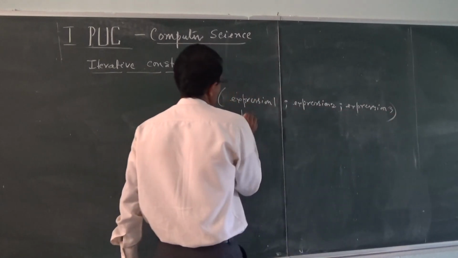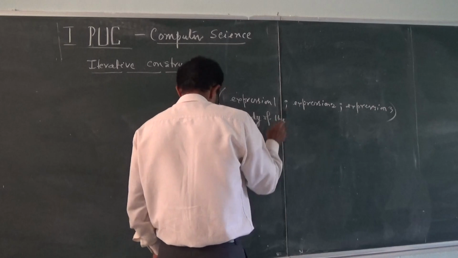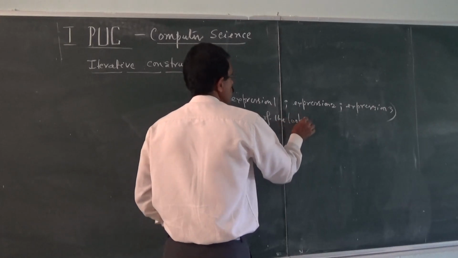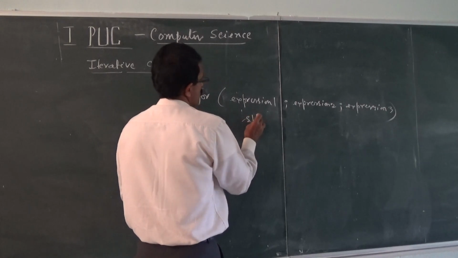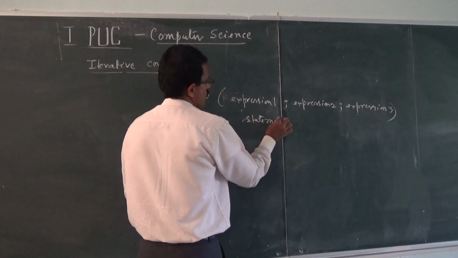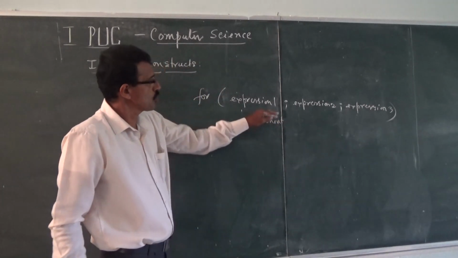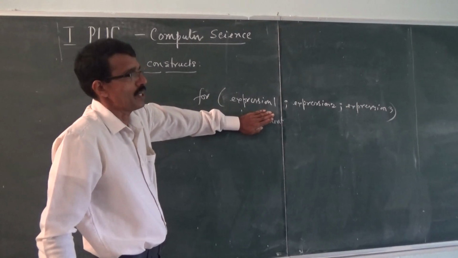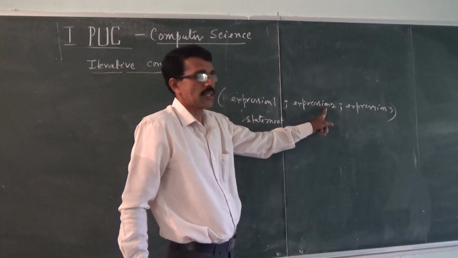And what is the body of the loop? The body of the loop is a statement. Whatever statement you have given will be executed from this expression value to that expression value.